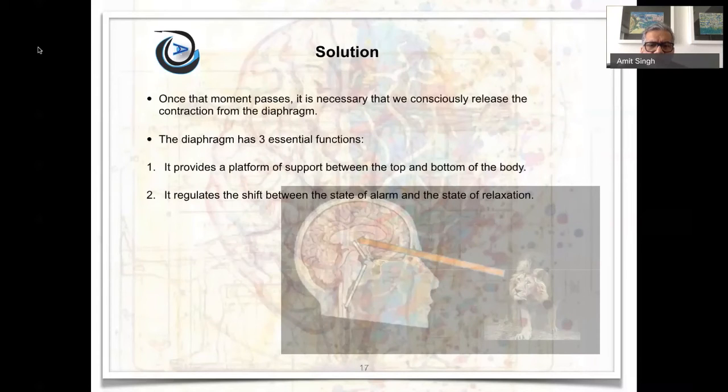Two, it regulates the shift between the state of alarm and the state of relaxation. Three, it is the one autonomic nervous system function which we can consciously control. Other things, if they're frozen, they're frozen. But this one only freezes for the moment that we need to respond to the threat, and we can consciously unlock it.